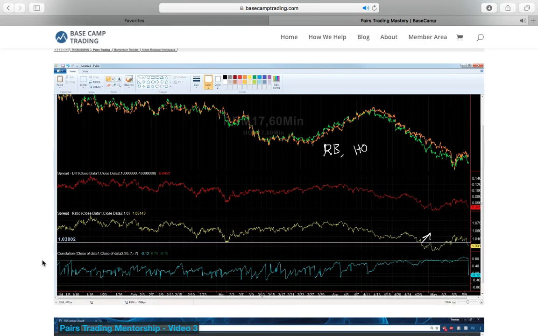If we're going long the pair, that means we're going long RBOB and short heating oil. If we're going short the pair, that means we would be going short RBOB and long heating oil. Remember, if you're going long the pair, the first one on the pair is what you're going long on. If you're going short the pair, the first one on the pair is what you're going short on. Make sense?